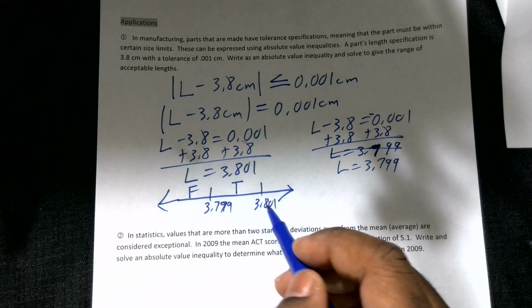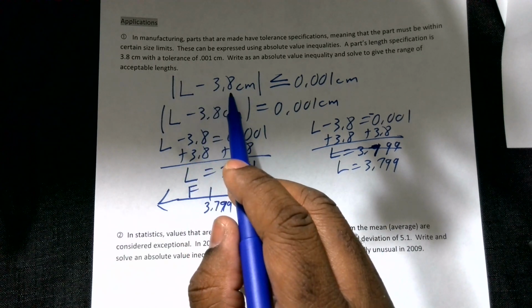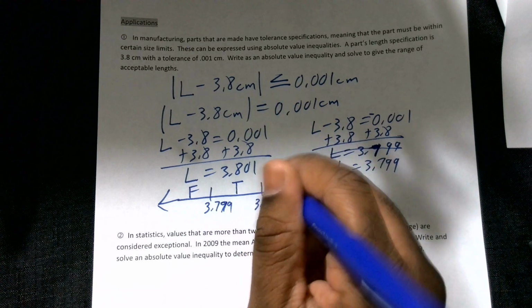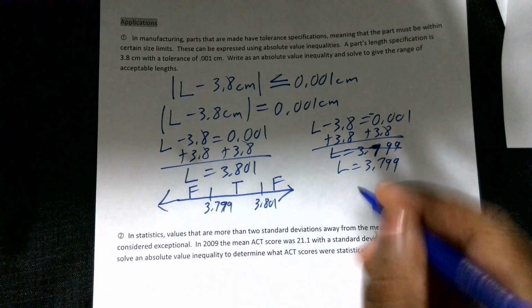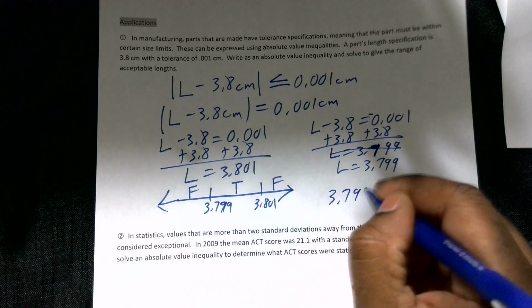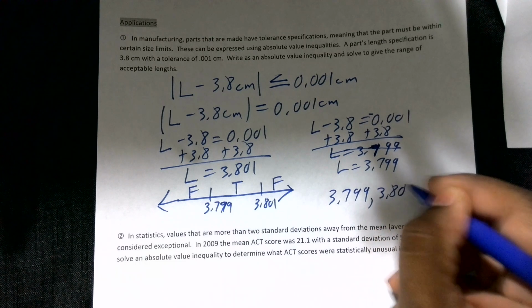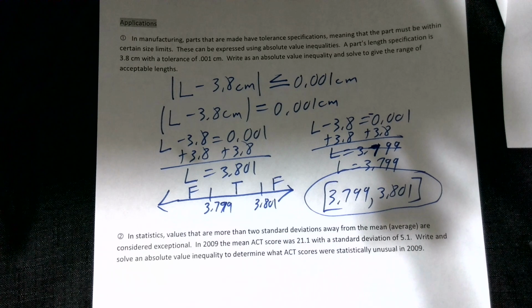Since we got to pick a value greater than 3.801, 4.8 minus 3.8 is 1, and the absolute value of 1 is 1, and 1 is actually greater than that, so that'll be false. So now our interval would be 3.799 to 3.801, and it would be included. So that will be our answer.